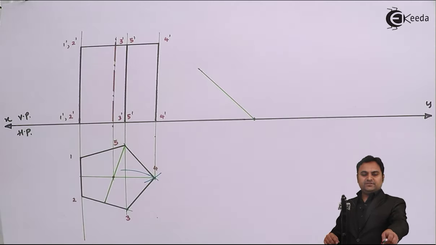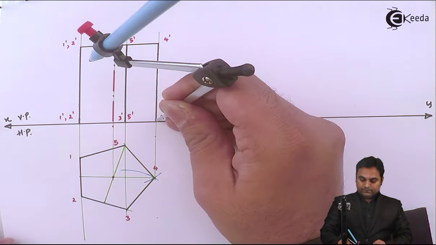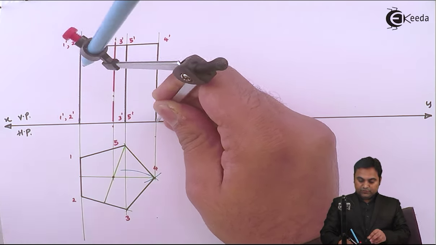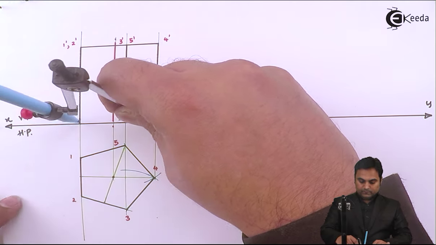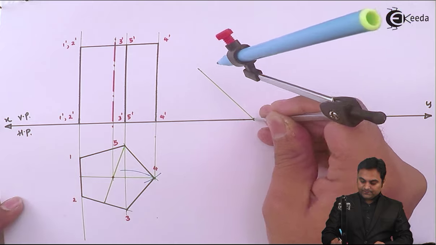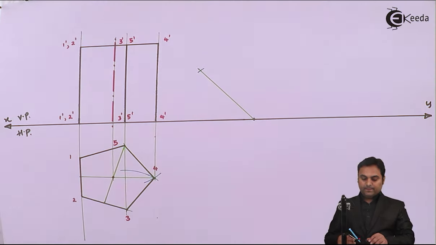Next, I'll measure this base either from 4 dash to 1 dash or from 1 to 4, keeping this distance here, marking it on an inclined line which is at 50 degree.